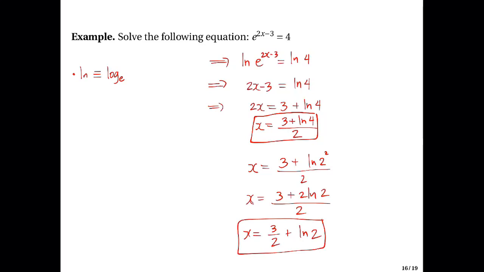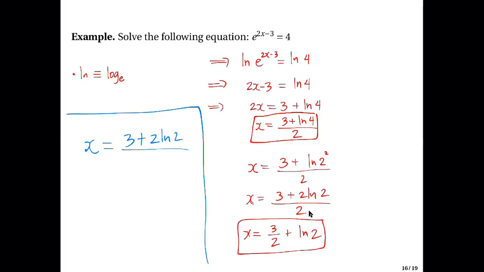Now, some students, however, will also do this. Say you have x equals 3 plus 2 ln of 2 over 2.